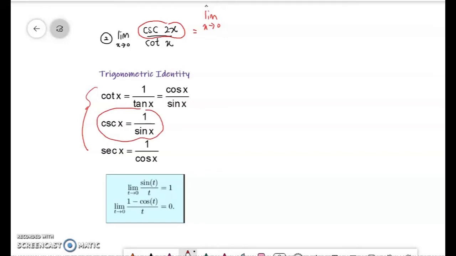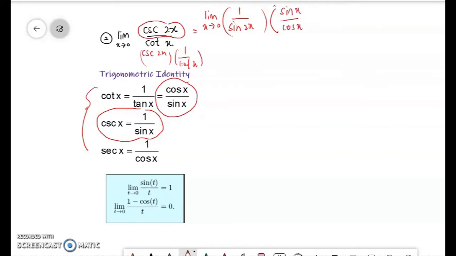So we have 1 over sine 2x here. How about 1 over cotangent? Cosecant 2x times 1 over cotangent x. So 1 over cotangent x will be sine x over cos x, isn't it?